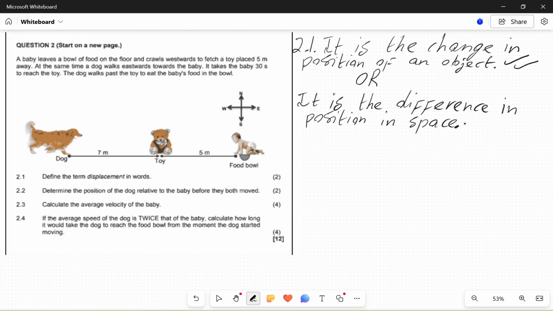So those are your definitions. You will either say displacement is the change in position of an object, or you will say it is the difference in position in space. Choose your preferred definition.